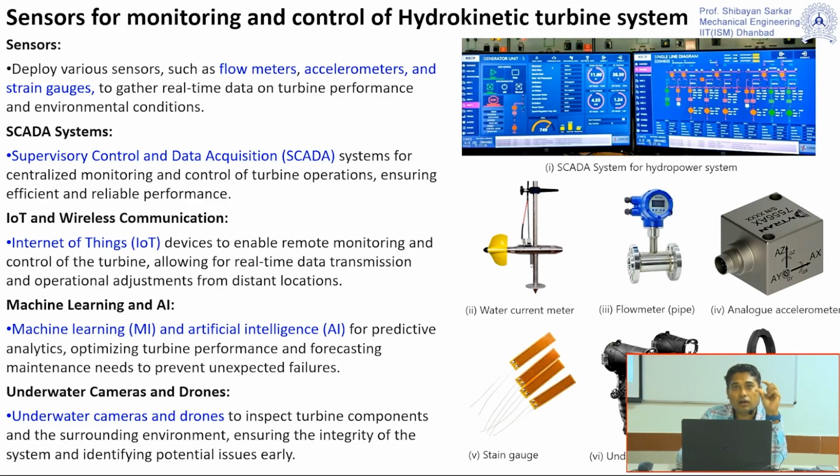So whether something is happening in your bearing, whether some unusual noise is coming or not, whether something happened in your turbine, whenever it is rotating, whether vibration is occurring, whether the velocity you are getting in the upstream is fluctuating or not, and whether the pressure surrounding this turbine, if you would like to take the pressure value, is changing or not. All these values will be fed to your system.